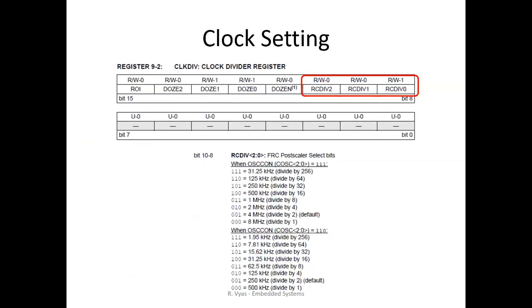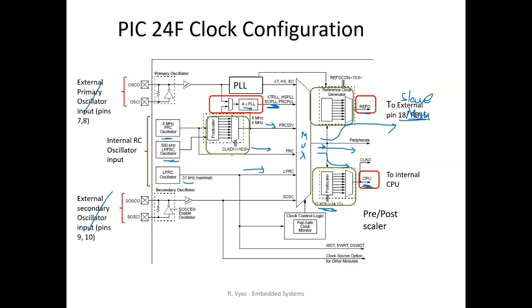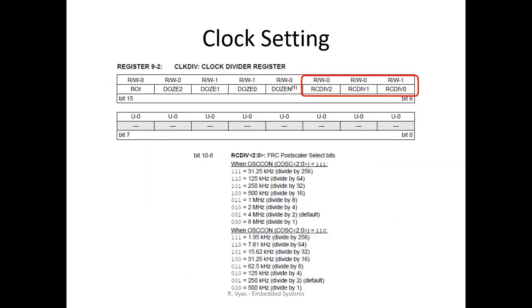Okay. Then, as I mentioned, going back here, you also have the option of scaling down the input 8 megahertz and 500 kilohertz clocks further. So for example, say you have an application that's running at 1 megahertz, you have the option of taking that 8 megahertz and dividing it by, say, 8, or you have the option of dividing it by 101.